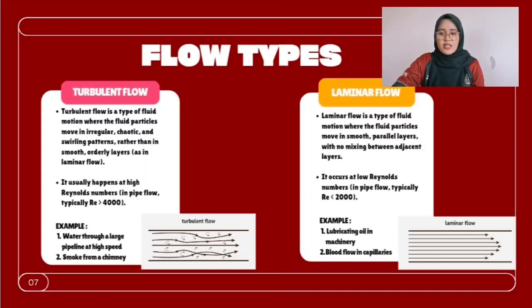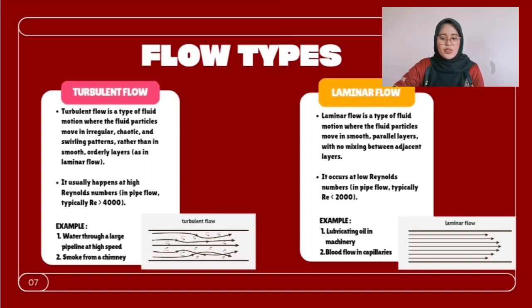Next, we have laminar flow. So what is laminar flow? Laminar flow is a type of fluid motion where the fluid particles move in smooth, parallel layers with no mixing between adjacent layers. It occurs at low Reynolds numbers. In pipe flow, typically Re is less than 2000. An example of laminar flow is lubricating oil in machinery.